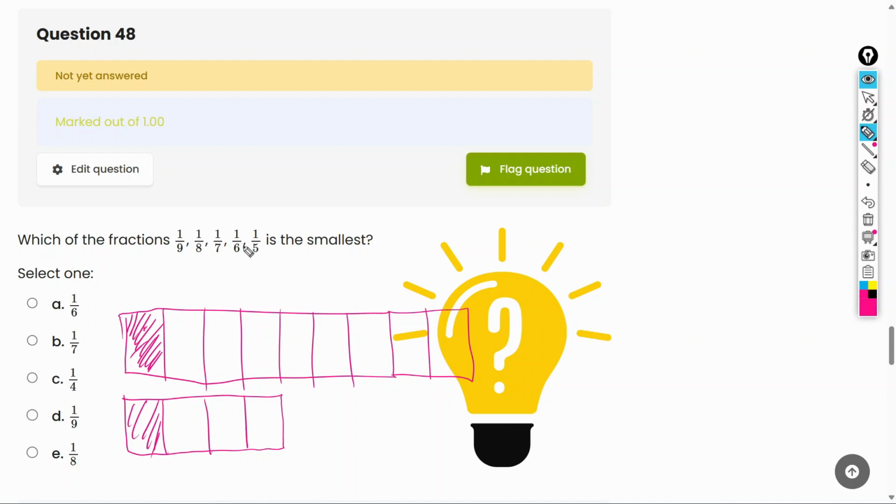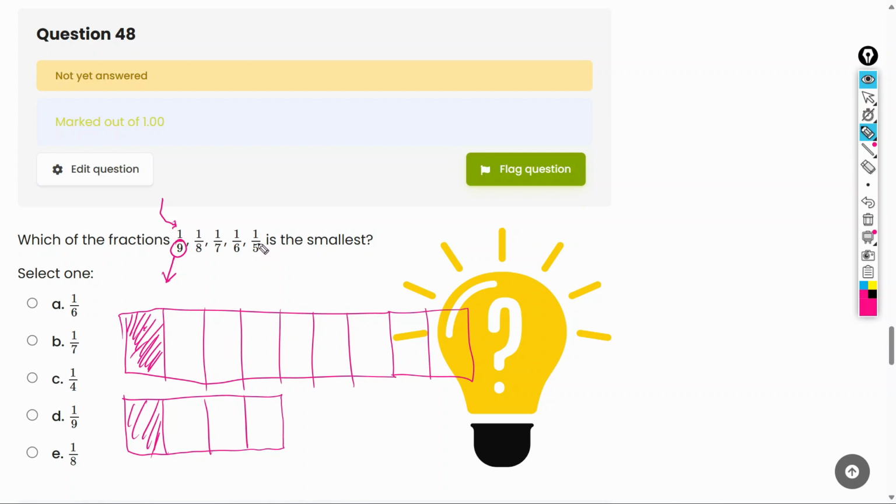So what we are trying to say is when all your numerators are the same digits, the smaller denominator is the bigger fraction, and the bigger denominator is the smaller fraction. What that means in this case is that 1 out of 9 is the smallest number, because there are 9 pieces and just 1 out of the 9 of them.